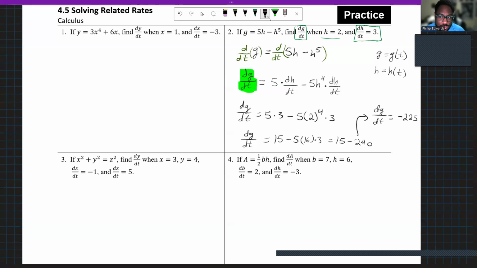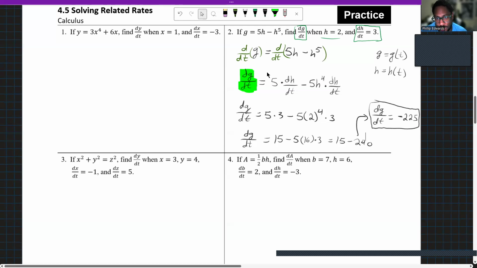There were no units on this question, so I don't need units for my final answer. This lets me know that whenever h is equal to 2, the rate of change of g is negative, so it is decreasing 225 units per second.